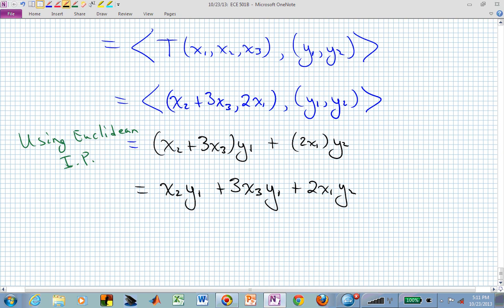But now we know that that's supposed to equal this x1, x2, x3 inner product with t dagger of y1, y2.